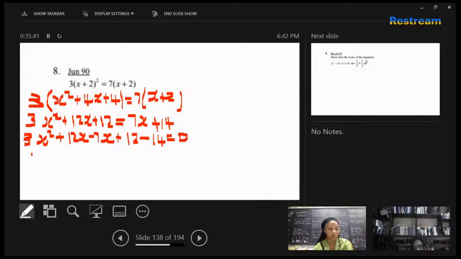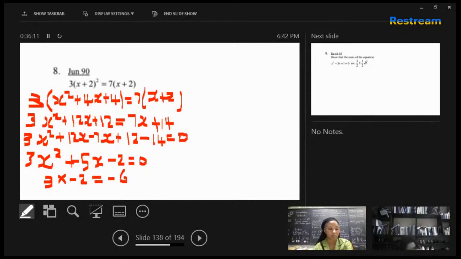So 3x squared plus 5x minus 2 equals 0. So we're going to multiply the 3 and the negative 2, and that will give us negative 6.